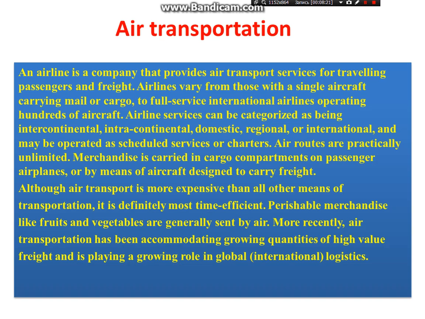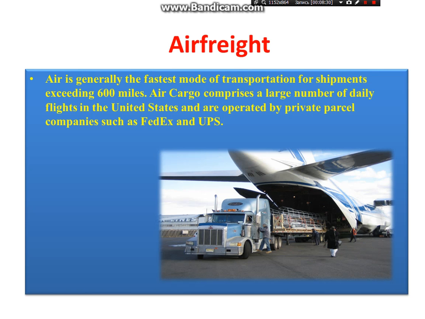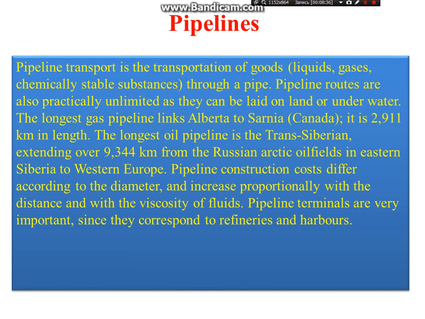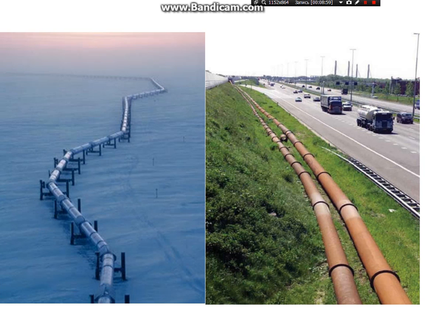An airline is a company that provides air transport services for traveling passengers and freight. Next transportation is pipelines. Pipeline transport is the transportation of goods, liquids, gases, chemically stable substances through a pipe. Pipeline routes are also practically unlimited as they can be laid on the land or underwater. You can see them in the picture.